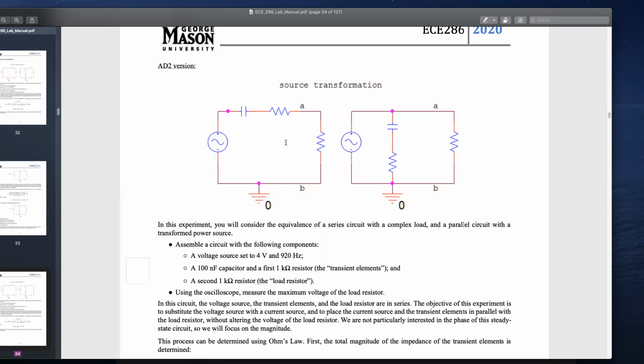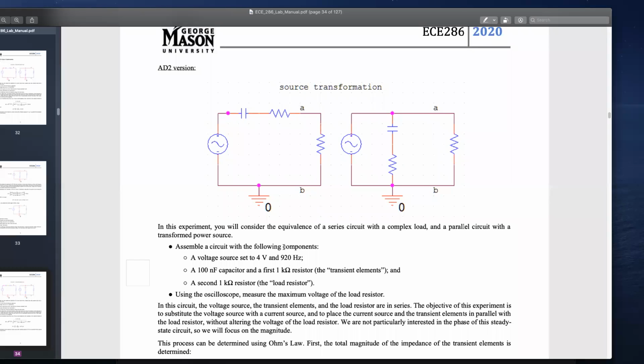When you measure this, you're measuring the voltage across that load resistor, which is between A and B. When you do the source transformation, you're still measuring the voltage drop across A and B. But now instead of having a constant current source, we're just going to use a voltage source right here. Initially you're supplying 4 volts at 920 hertz.